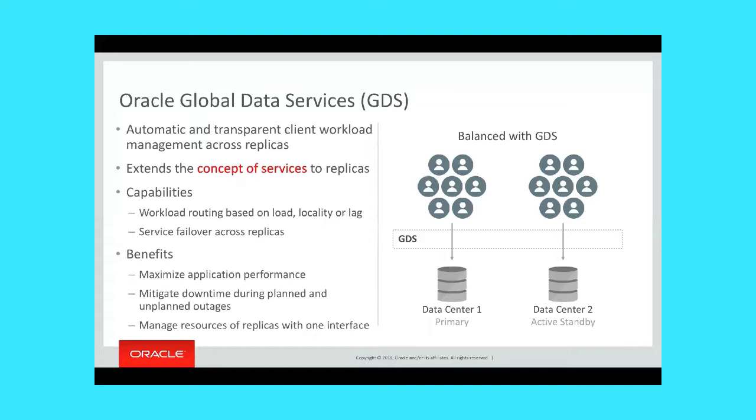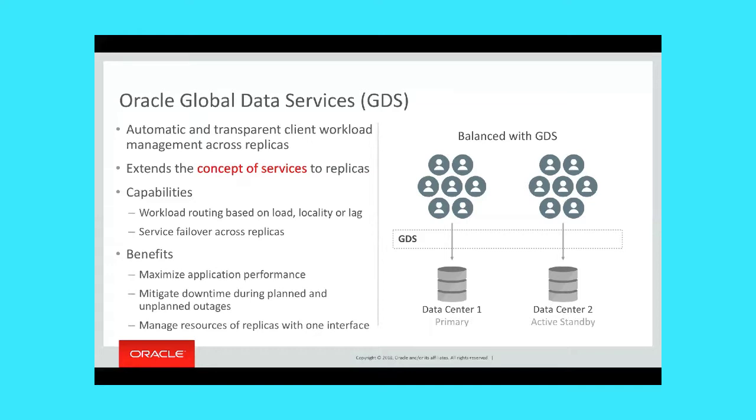It's an automatic and transparent client workload management across replicas. It's a vehicle with which you can manage your workloads seamlessly, transparently and automatically across a pool of replicated databases. If you step back and look, in a typical RAC database, when you have multiple instances, we have enabled service level failover across instances, and service level load balancing, both connect time and runtime, across instances.